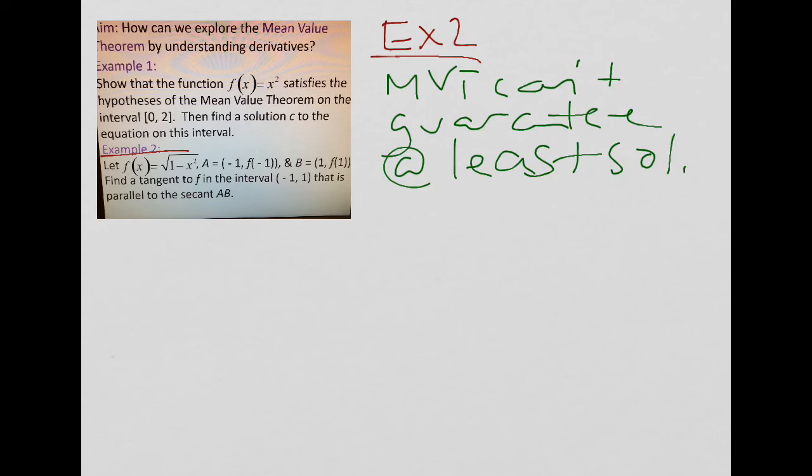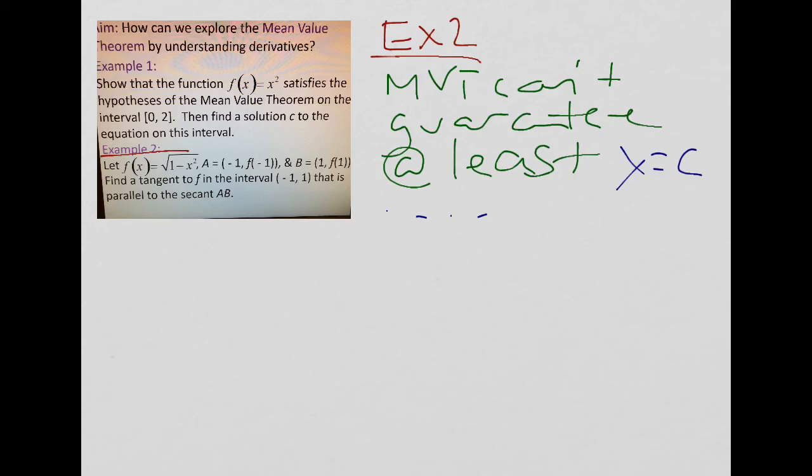So similar to IVT, where we had to say that there was at least one solution, here there's at least one, I should say x value, not solution, at least one x, or c, such that the slopes are the same. So in example 2, we just have to go through a procedure and see if it does work out, okay?